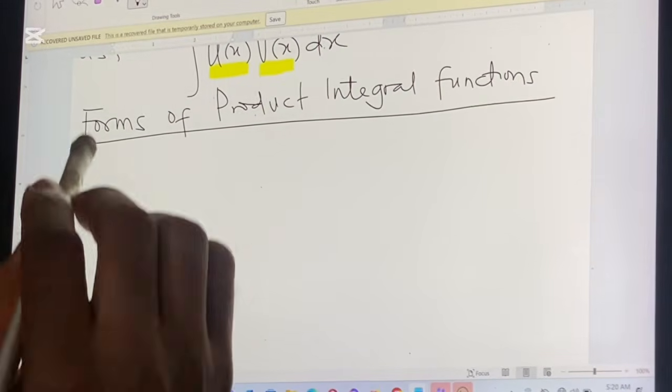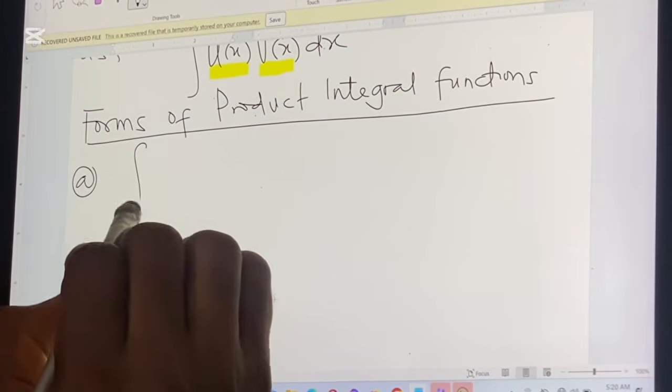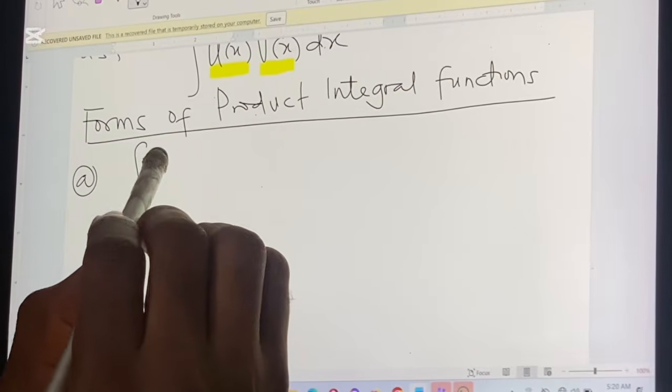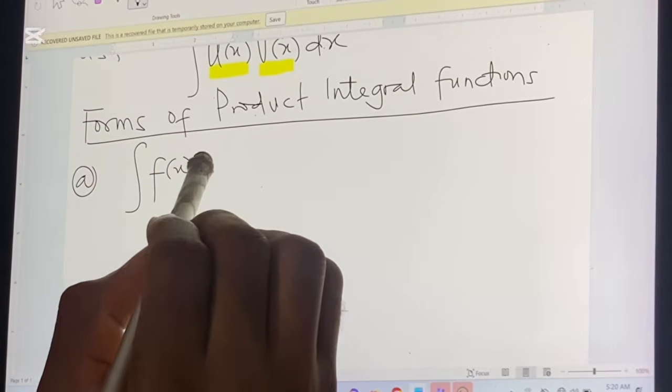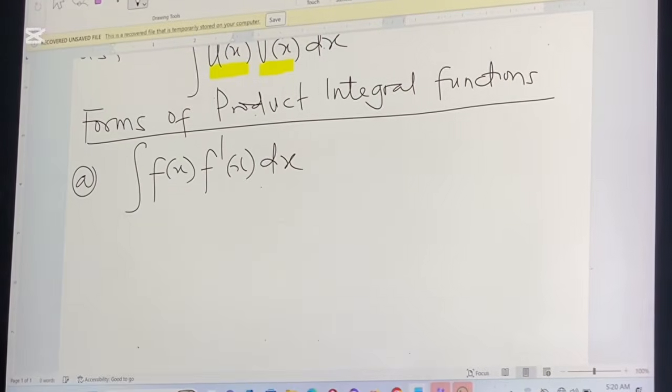The first one here, A, is the integral of f of s, f prime of s, ds.